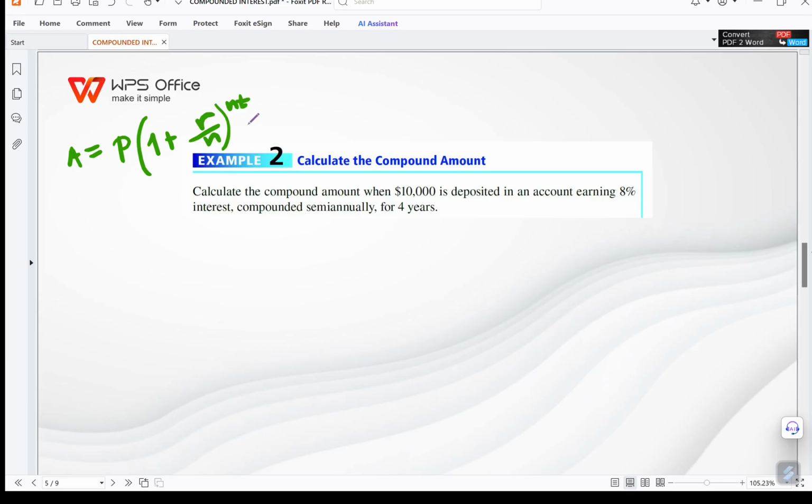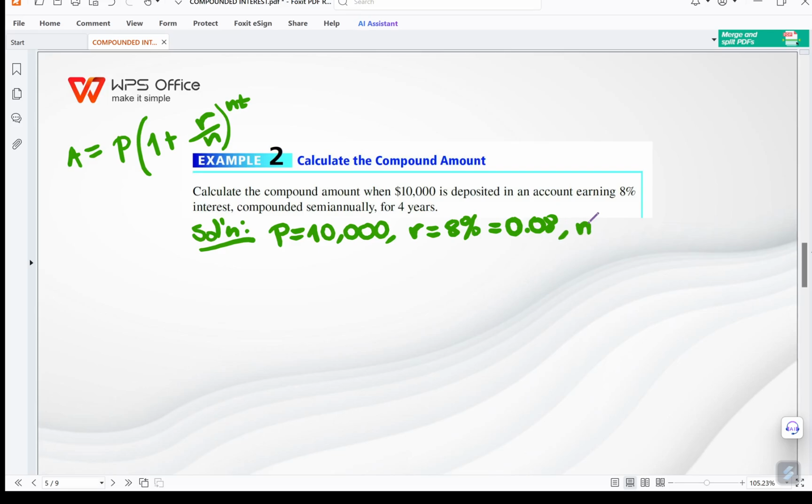Now we need to collect the given numbers, the knowns. Solution: our P here is $10,000. Our rate R is 8%, and we divide it by 100 to get 0.08.